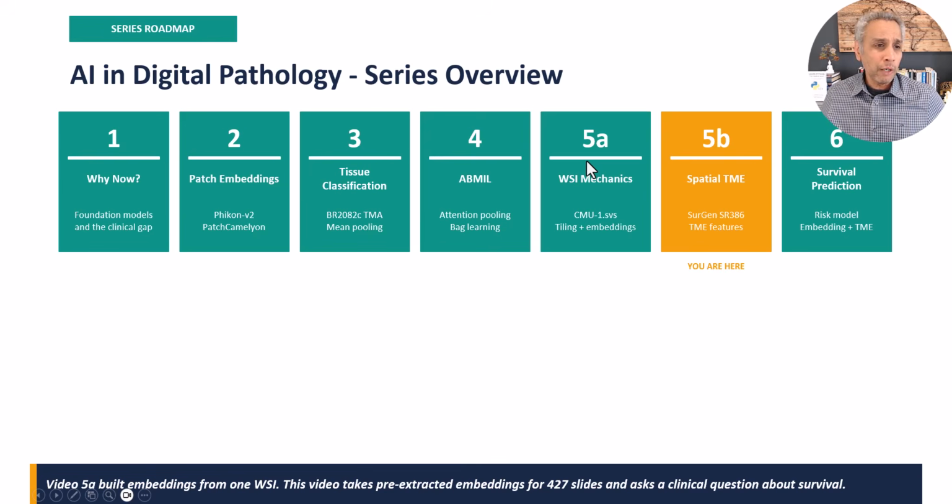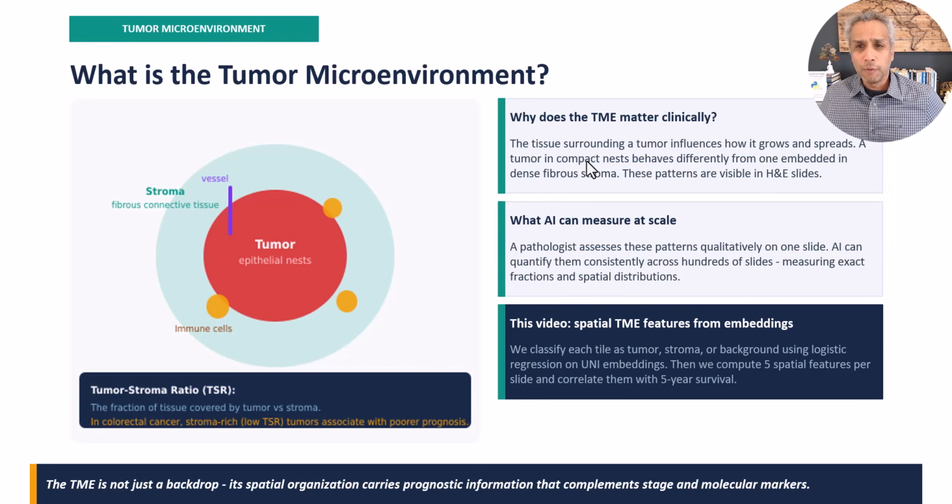Okay, now let's start by understanding what the tumor microenvironment is. When a pathologist looks at a cancer biopsy under the microscope, they're not just looking at the tumor cells, they're looking at the entire ecosystem. The tumor sits within a matrix of fibrous connective tissue called stroma, surrounded by immune cells, blood vessels and regions of normal tissue.